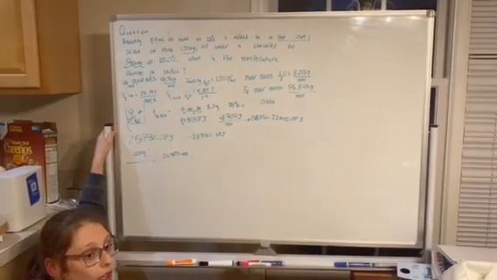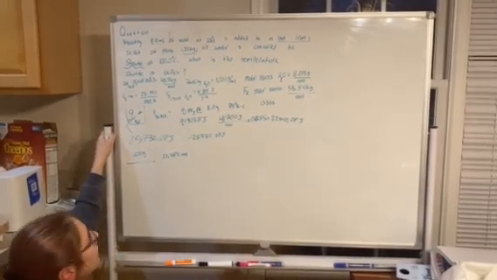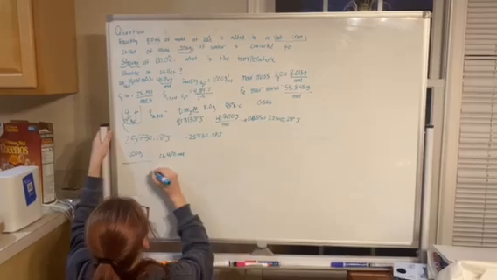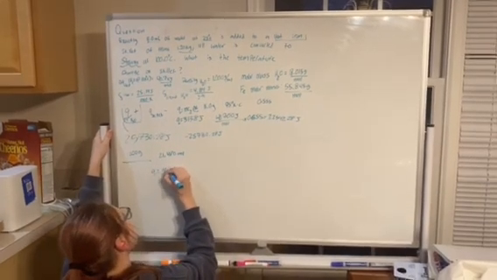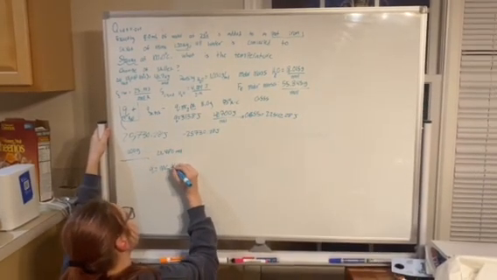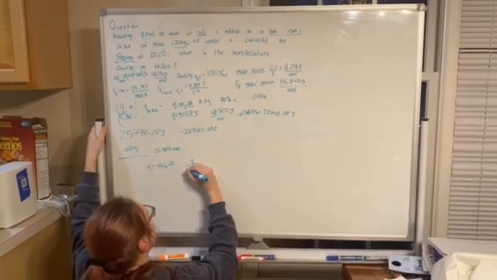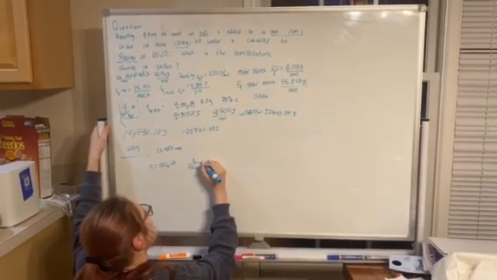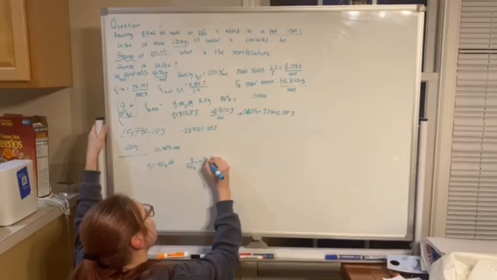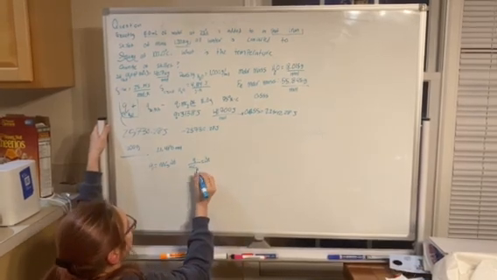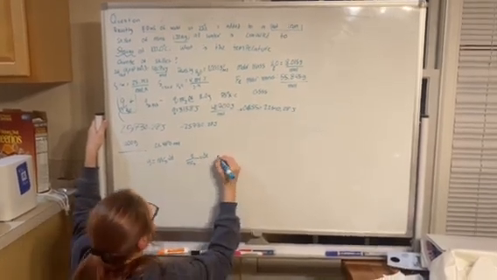So now we have all of our values except for delta T, and we know we are going to be using Q equals mc delta T. So we isolate delta T by saying Q divided by mcs is equal to the change in temperature. We know our moles, we know our Cs, and we know our Q, so we plug in our values.